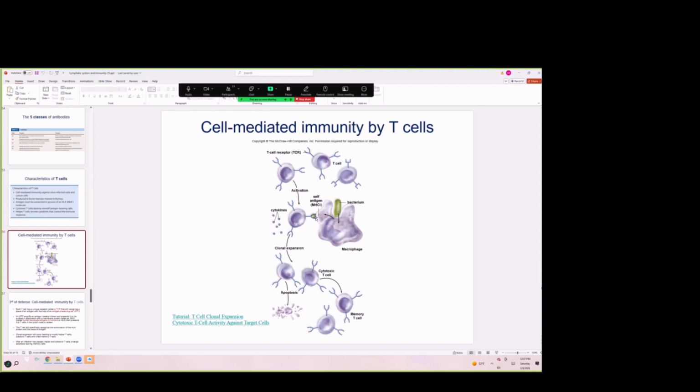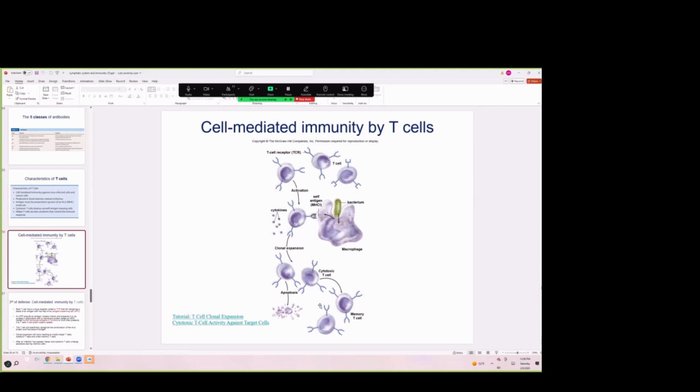When it shows on its surface, the particular T cell type that will bind to it would be the one that will be activated, in a similar manner as what was going on with the B cells. So it would produce more of the cytotoxic T cells, but in concert also produce some that are memory T cells.